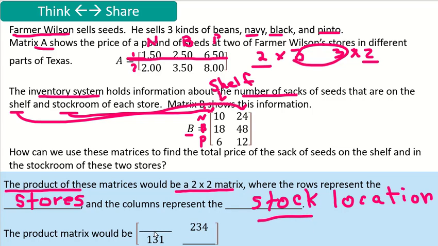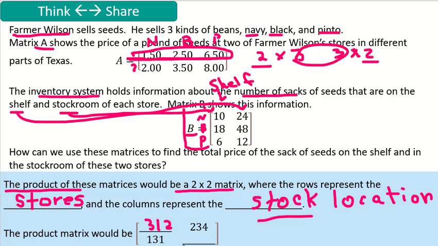And then if you multiply these out, you'll get, I think it's 312. But basically, remember, you take that first row, multiply it to the first column, each number, and then add those together.